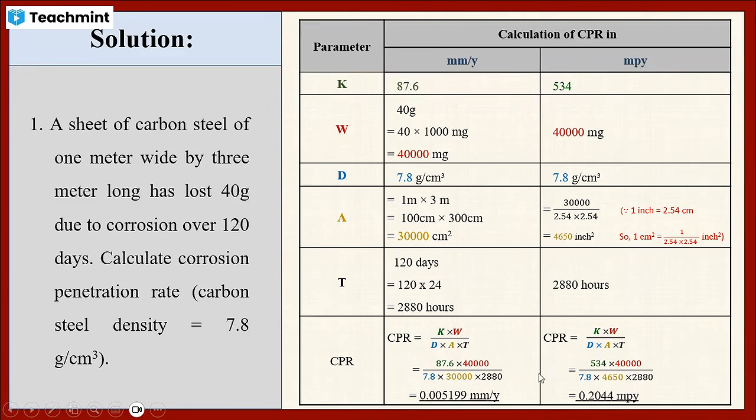Then for MPY, the formula is the same, and the only difference is the K and A value. K value is 534, W value is the same, D value is the same, A value is 4,650, and the T value is also the same. So by calculating this, we get the answer 0.2044 MPY.